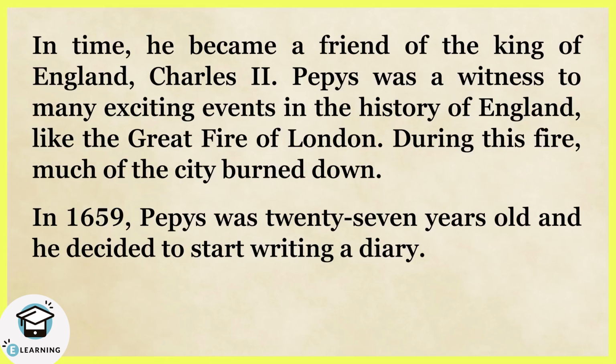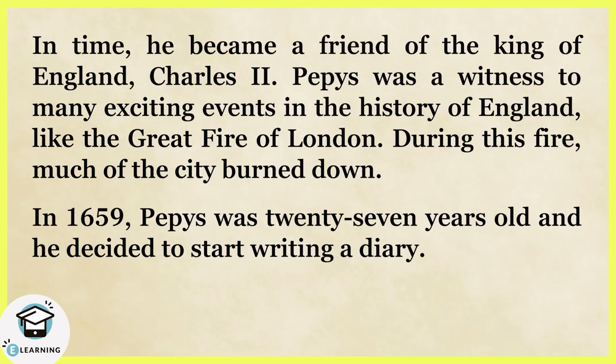In time, he became a friend of the King of England, Charles II. Pepys was a witness to many exciting events in the history of England, like the Great Fire of London. During this fire, much of the city burned down.